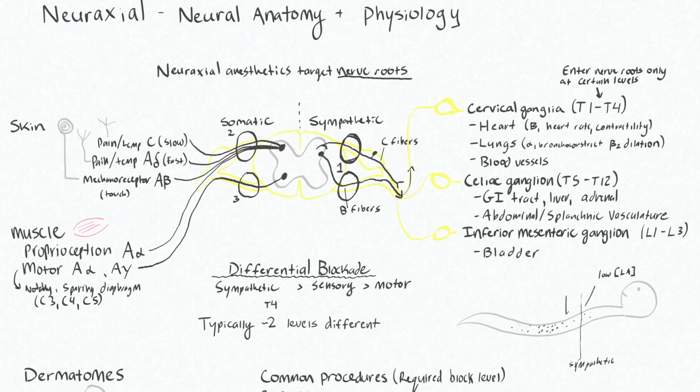Then your pain and temperature may be blocked with the local anesthetic concentration that is found a little bit lower, closer to where it's most dense. And you'll only have a motor block where the concentration of the local anesthetic is the highest. So for sensory, maybe you'll have a sensory block level of T6 and then a motor block level of T8, corresponding with the sympathetics being the most sensitive, followed by sensory and motor.